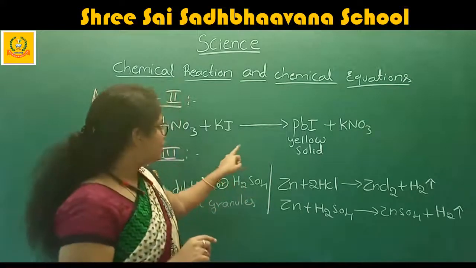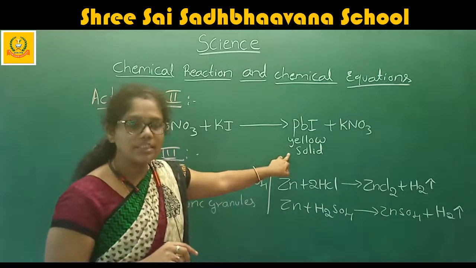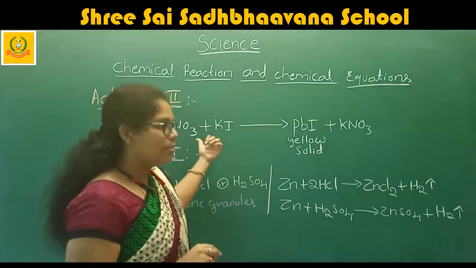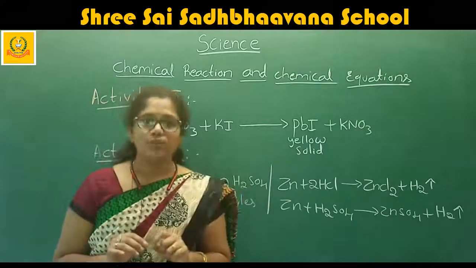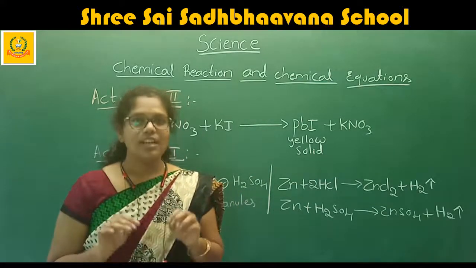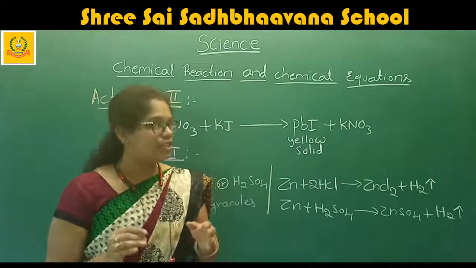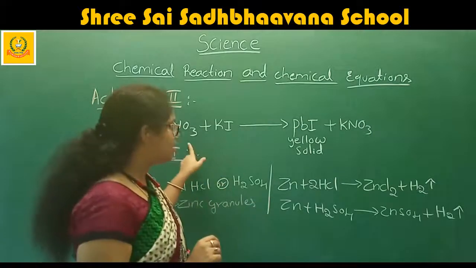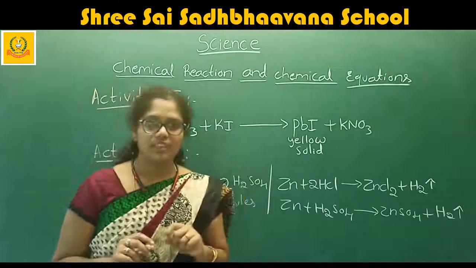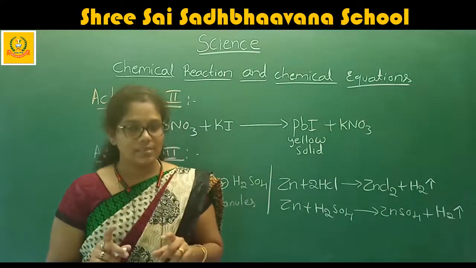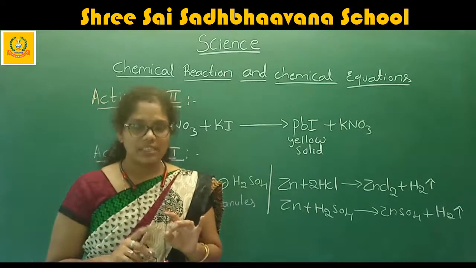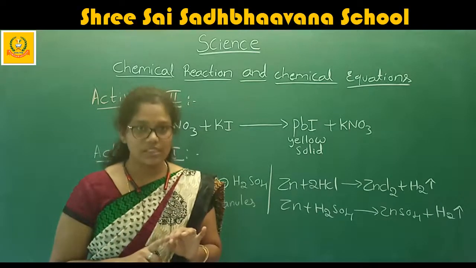And in this activity, change of color also takes place. It is white in color, but after that it converted into yellow. This one is liquid, but it converted into solid. Therefore, change of state, change of color and change of temperature take place.